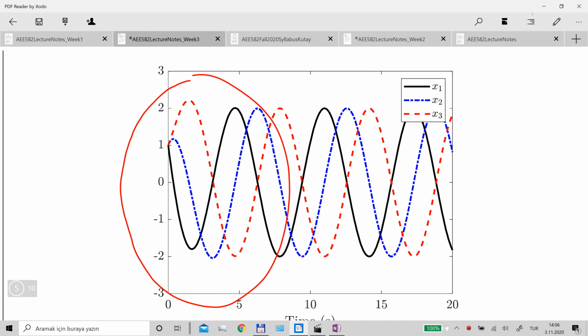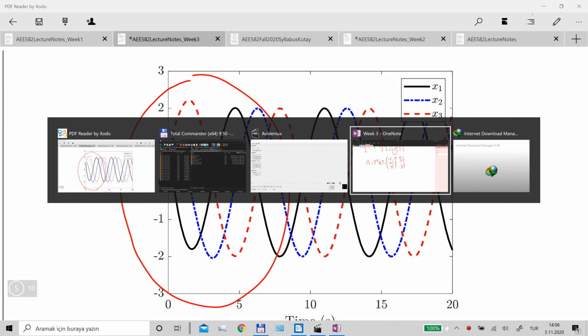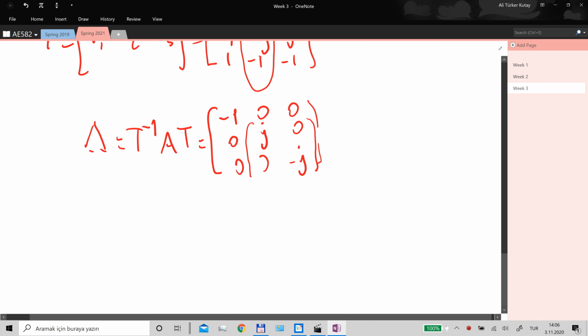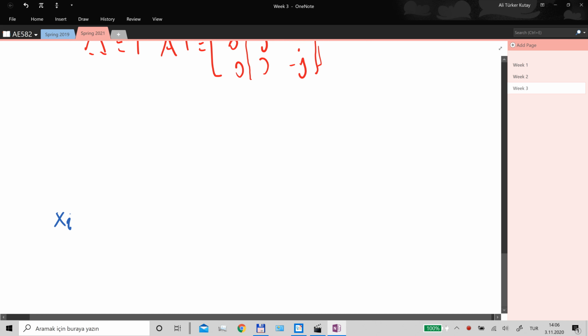And if you write the analytical expressions for the response for this case, this is what you will get. So let me just change the color to blue. For that case, these state variables change like this. So there's a component here, ci1 times e to the power minus t plus ci2 times cosine t plus ci3 times sine t.